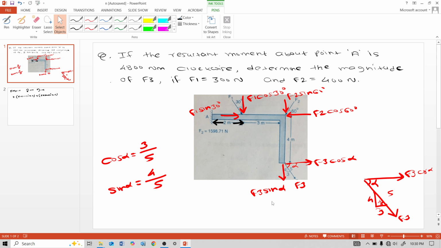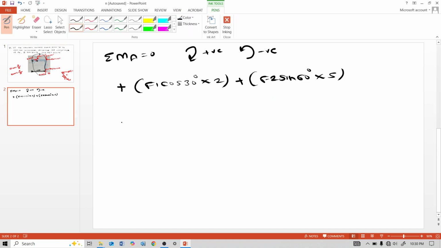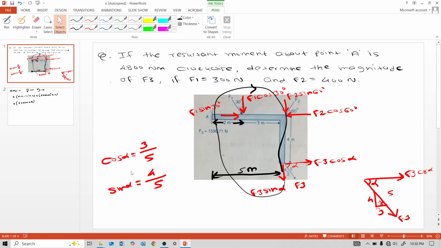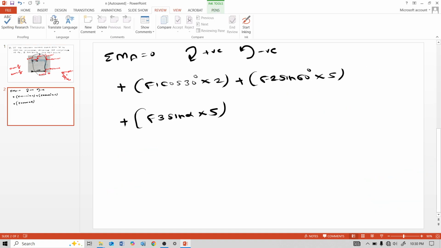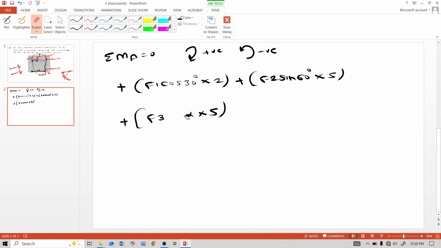Now this F3 sin alpha is also making clockwise rotation about that point A, and the perpendicular distance is also 5 meter. So positive F3 sin alpha into 5. And sin alpha is nothing but 4 by 5, so replace this sin alpha with 4 by 5.